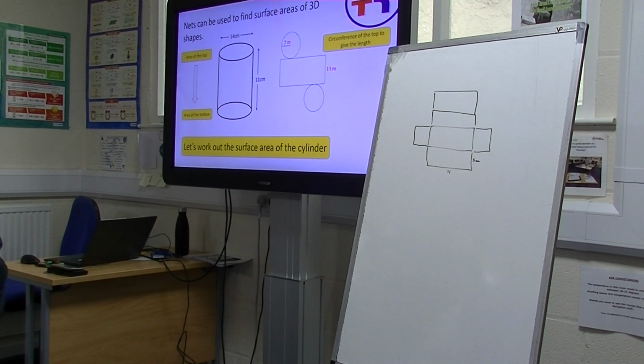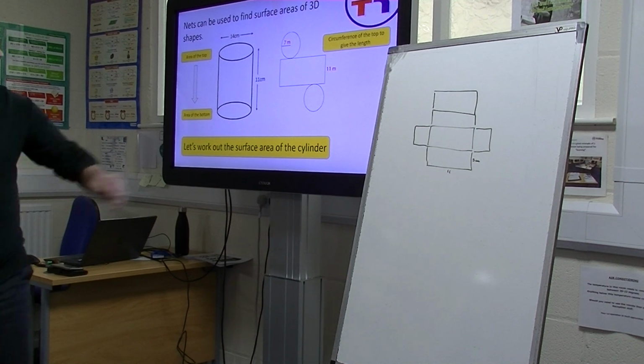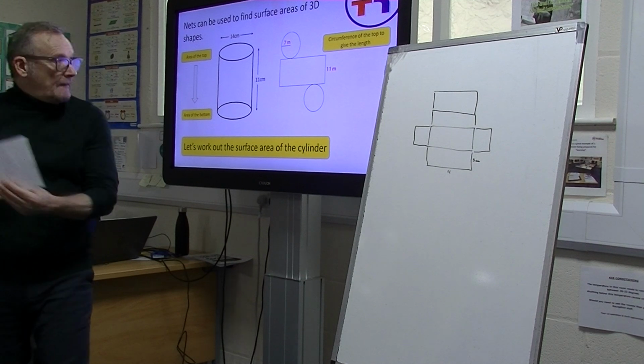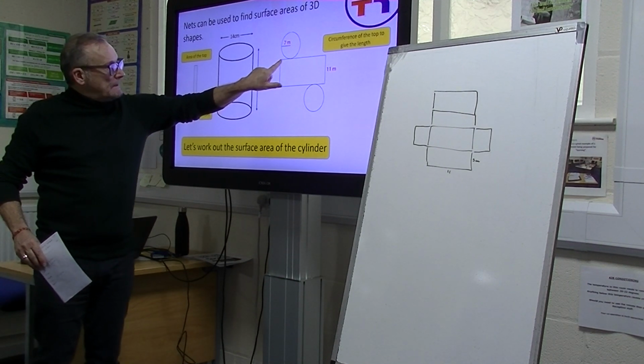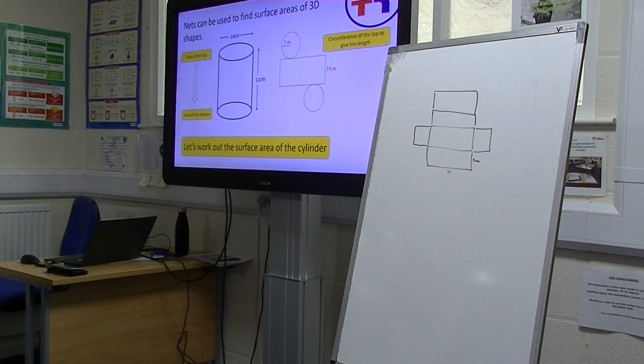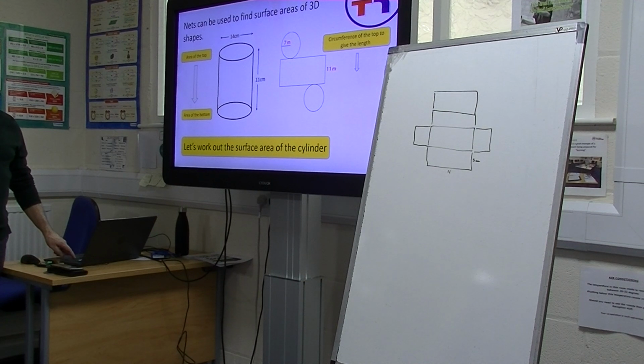When we open the cylinder up, it's a rectangle. We know the height is 11, but to find this bit, we use pi times diameter, because that's the circumference of that circle. Remember that from when we did area.